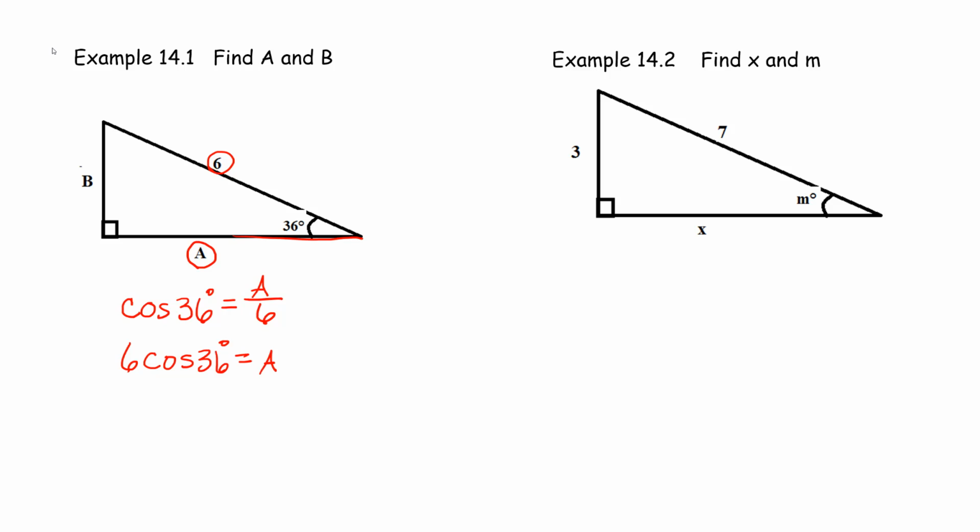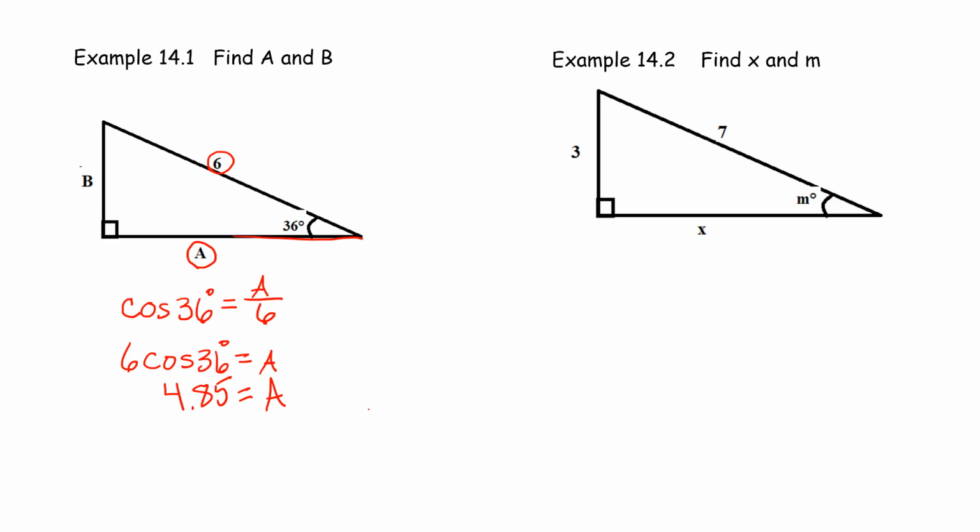So 4.85 is equal to A. All right, so that is A, and then for B, we can use the Pythagorean theorem, but we don't want to do that because A is approximated now. We just chopped off a whole bunch of it.